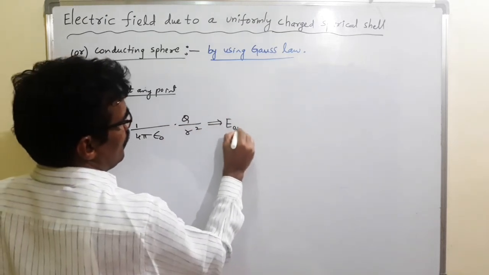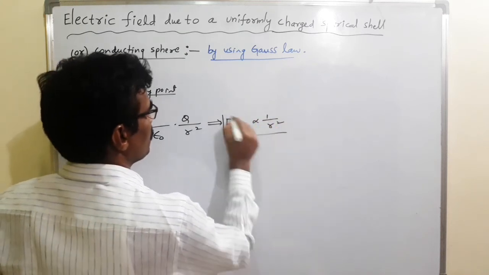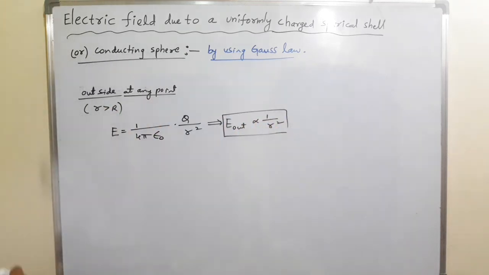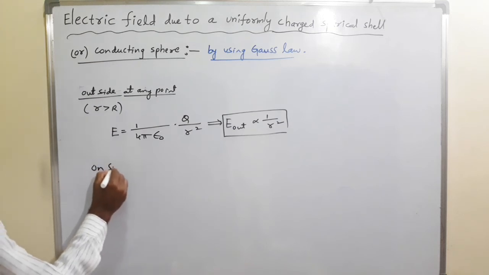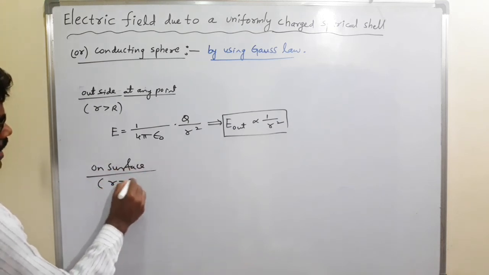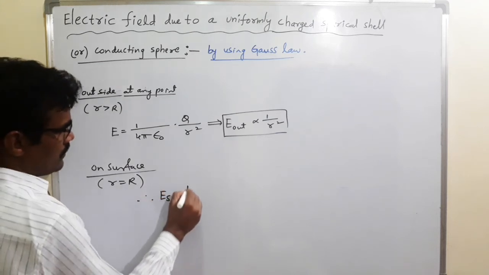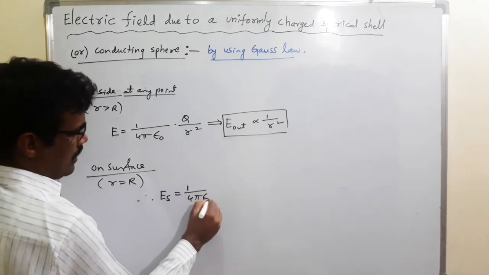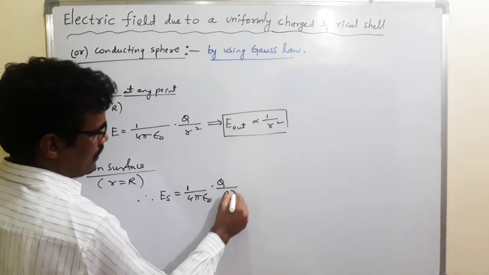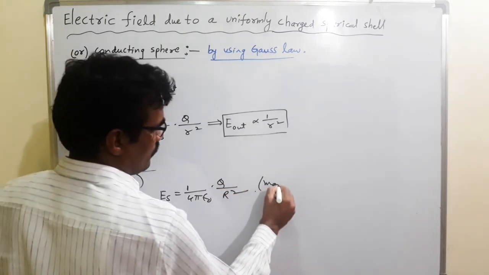Therefore field outside is inversely proportional to r square. On the surface, small r equal to capital R, therefore field on the surface is 1 by 4 pi epsilon naught q by capital R square, which is the maximum.